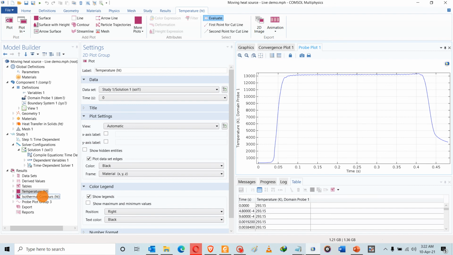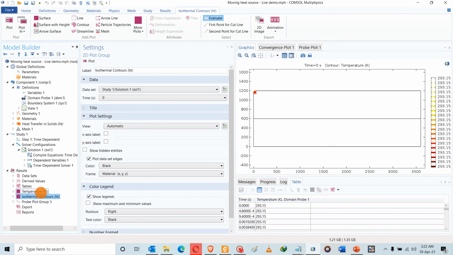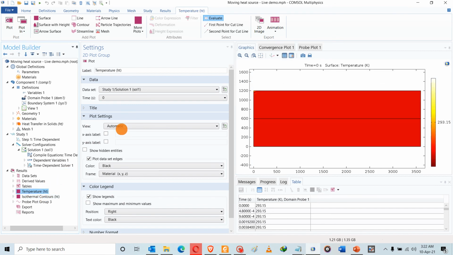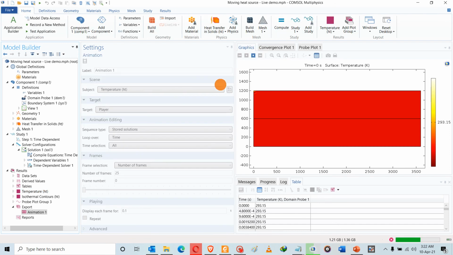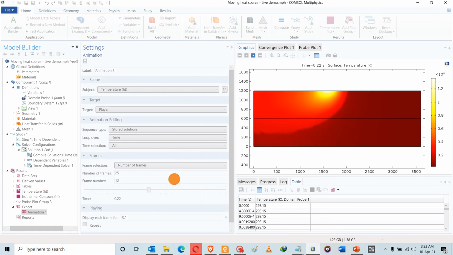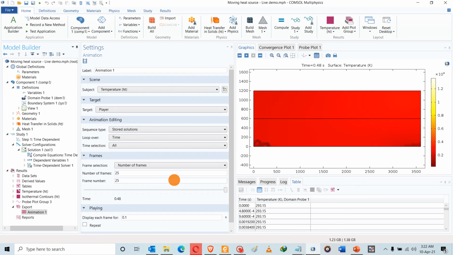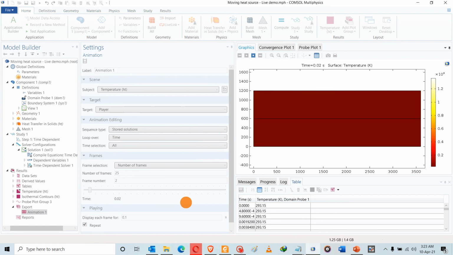If we could come here and observe the animation, there it is. You see that? So our laser beam was able to move. If we could just put that on repeat, our laser beam entered the surface, and very interesting.